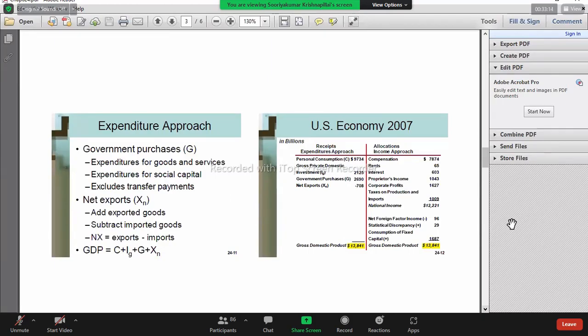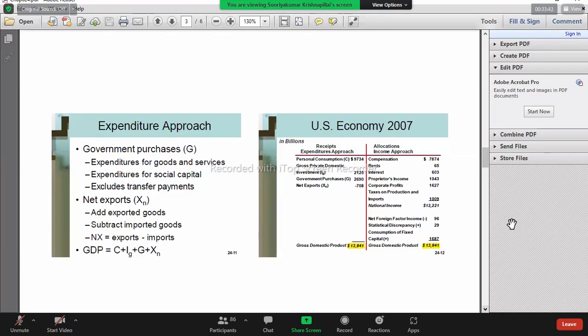But we should exclude transfer payments. Government gives subsidies to citizens that are not involved in production. So that should not be considered. All other government expenditure we should consider in the calculation of GDP.